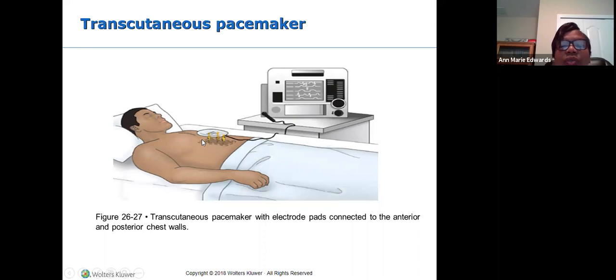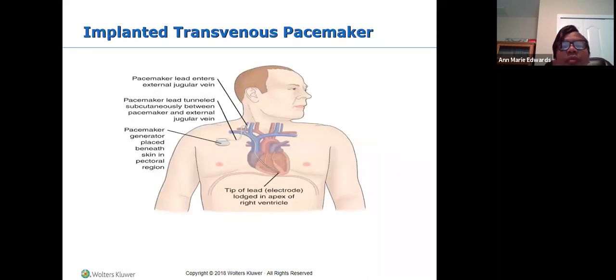Here's a picture of a transcutaneous pacemaker, okay? Here you have an implanted pacemaker. The pacemaker lead enters the external jugular vein and is tunneled between the pacemaker and the external jugular vein.